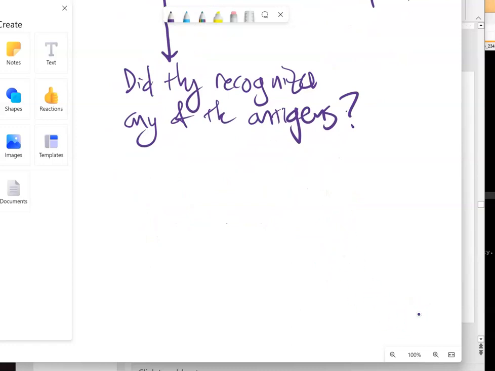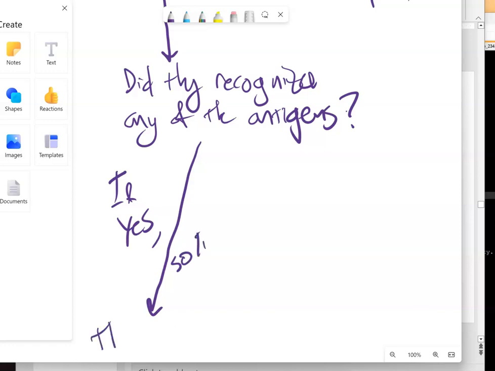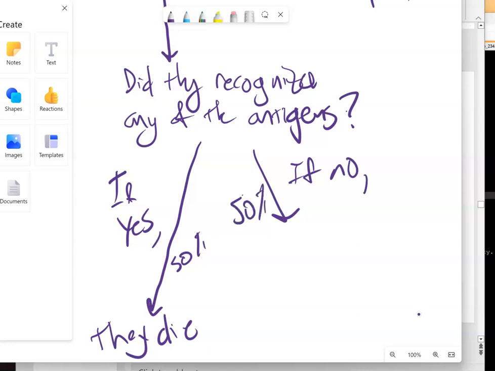And if yes, this is about 50%, they die. If no, which is about 50%, then they become mature, naive lymphocytes.